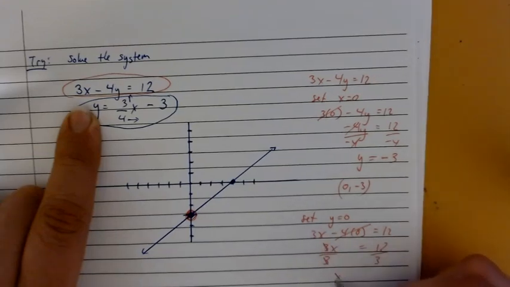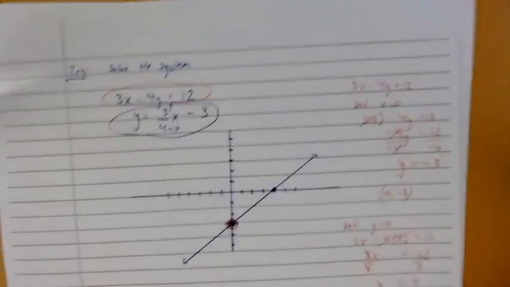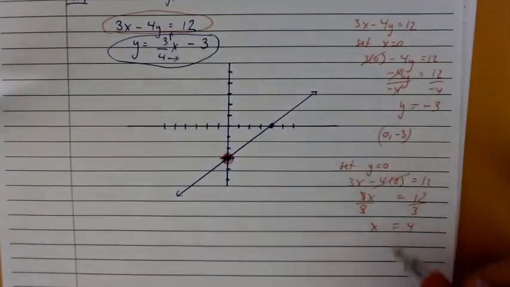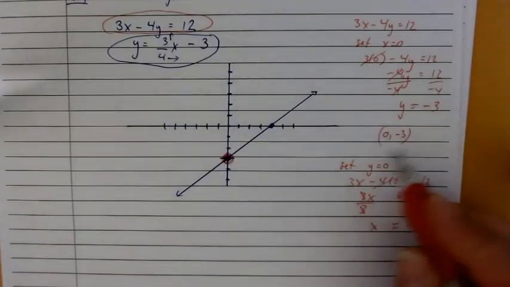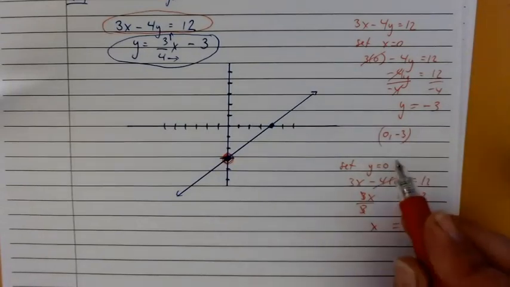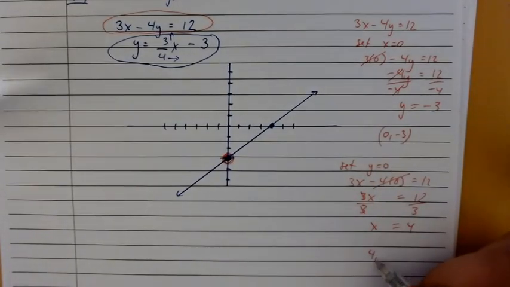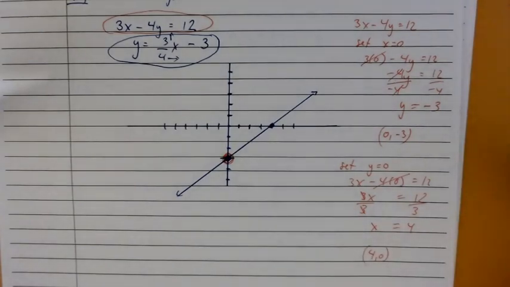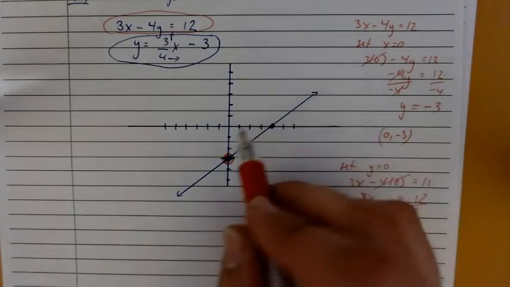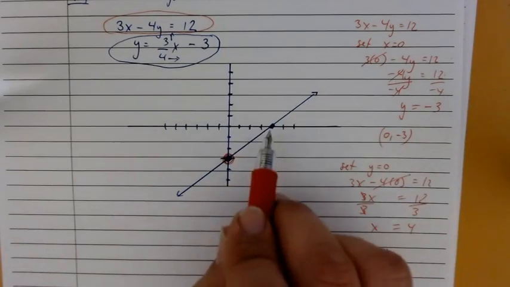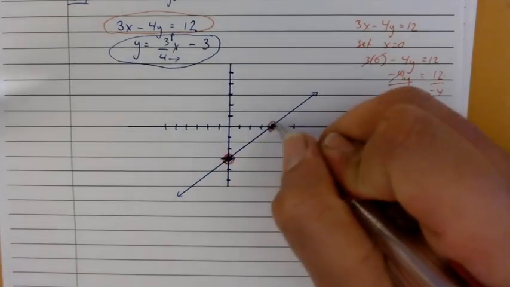So here this x is now by itself, and I have 12 divided by 3, which equals 4 as my x coordinate. So that gives me a solution of x equals 4, y equals 0, (4, 0), like that. And if we plot that, that's 4 to the right, and then we don't go up or down at all. That's that point right there.